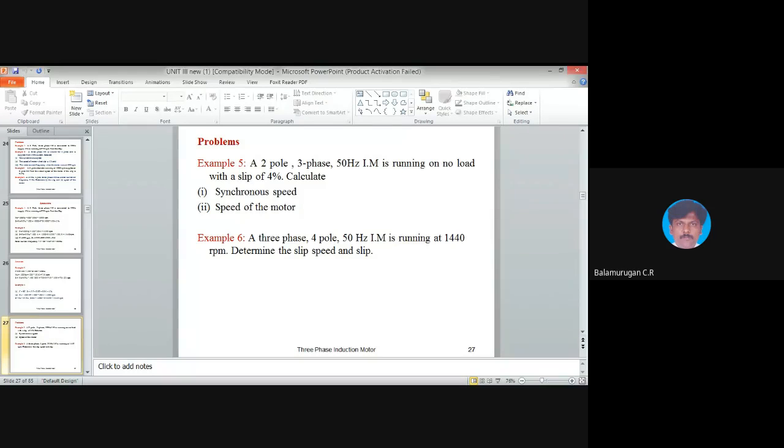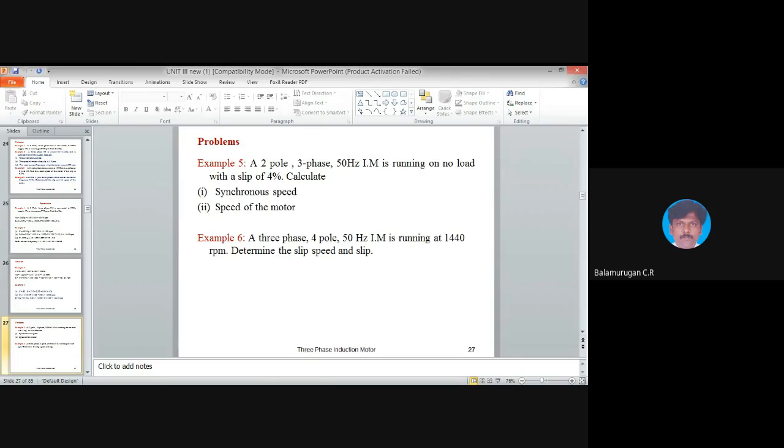Will it be constant or variable? That is what we are going to find, because the flux is continuously changing, as a sinusoidal signal changes with respect to time. So will the magnitude of the flux vary or be constant? That is what we are going to discuss.